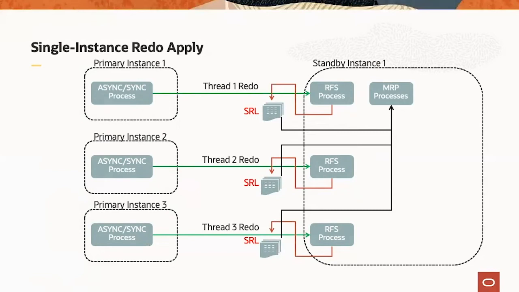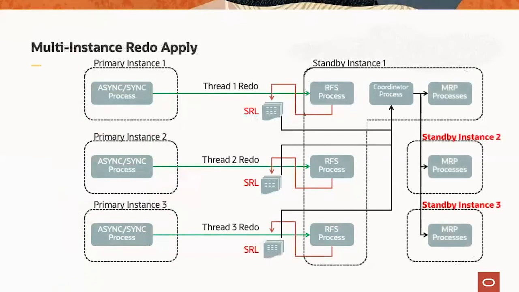You can imagine that some customers with really high redo rates sometimes lag behind on the standby database. To solve that, we introduced in 12.2 multi-instance redo apply. What will happen then is that the MRP processes will be started on each node, and we have a coordinator process which tells the instances which redo to apply.